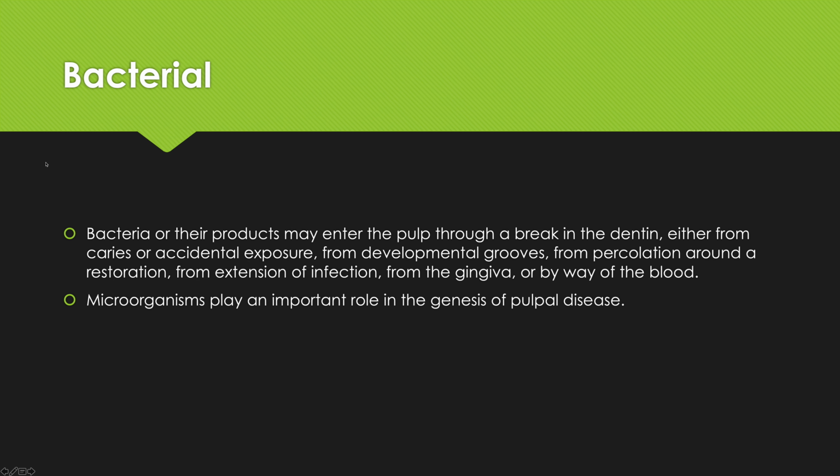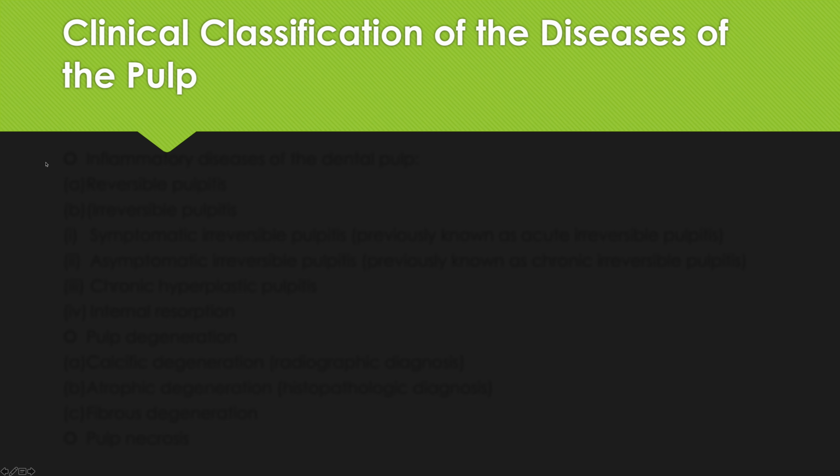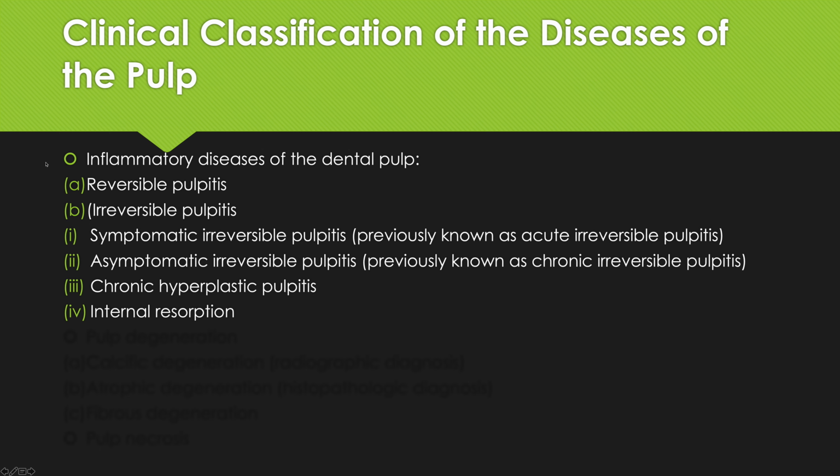Now let's learn more about what the pulpal diseases are. So clinically, the classification of pulpal disease goes as follows. We have inflammatory diseases of the dental pulp, which are called pulpitis. We have reversible pulpitis and irreversible pulpitis. In irreversible pulpitis, we have further subcategories, which are symptomatic irreversible pulpitis, also called acute irreversible pulpitis.